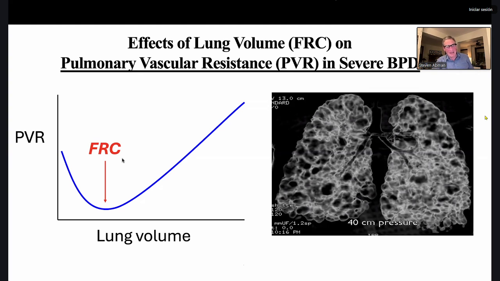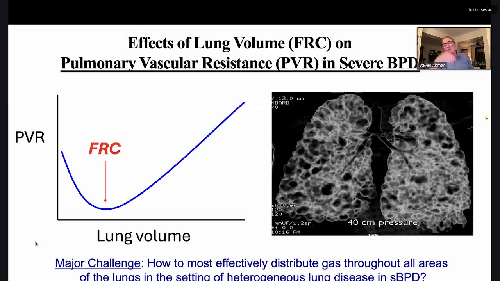How would we know we're at FRC, especially in this kind of lung? And we're still trying to meet this challenge. How can we most effectively distribute gas throughout all areas of the lung in the setting of heterogeneous lung disease and severe BPD? This is still a major challenge.